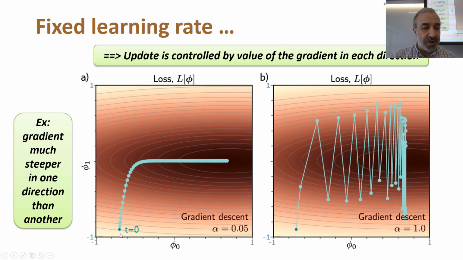If we start from this point, you see the pointer here, right? If we start at this point, then the updates, as you see, the change of phi 1 is much faster than the change for phi 0, right? Do you see that? With phi 1, we make big jumps, actually, right? But with phi 0, the increase is very, very slow, right?